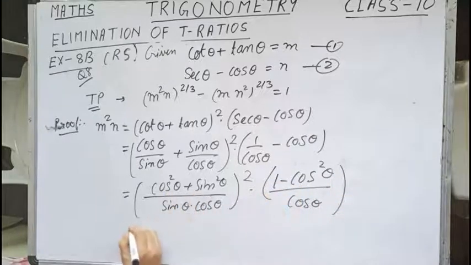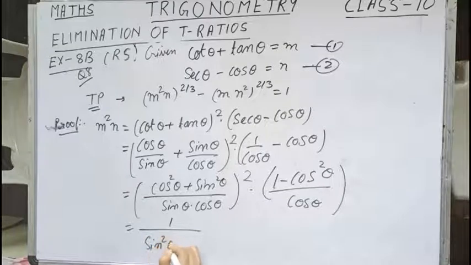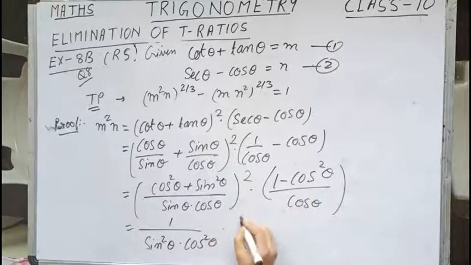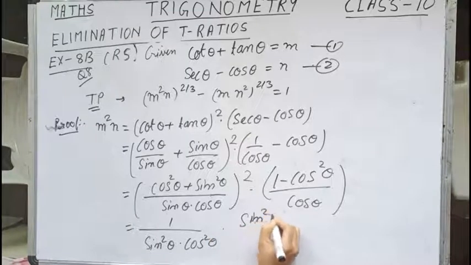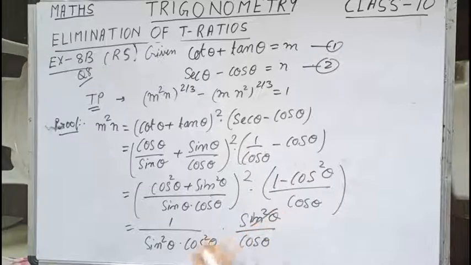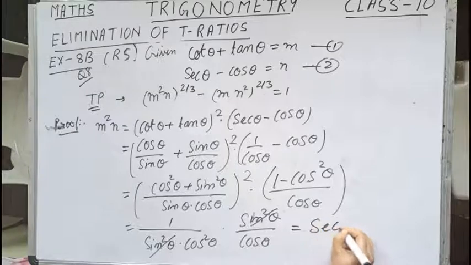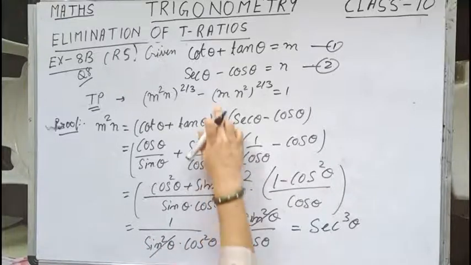Now this will be equal to 1 by sin square theta into cos square theta into 1 minus cos square theta, which is sin square theta, and by cos theta. Now this sin square theta will be cancelled, and we are getting 1 by cos cube theta, which is equal to sec cube theta. I think you understand. Similarly, we will be finding the value of mn square.